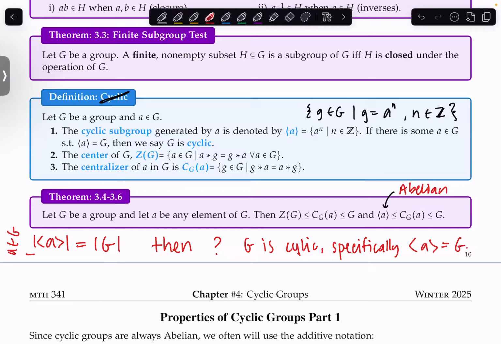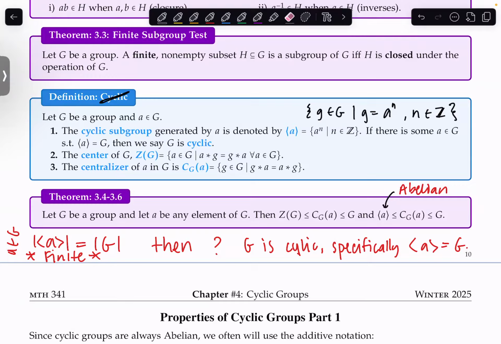Okay, this might be conditional on these numbers being finite. I have to think a little bit closer, and I don't think that this is true for infinite groups, that if you find an infinite ordered element or infinite ordered cyclic group, they'll give you back the same sets. Infinities work a little bit weird with our groups.